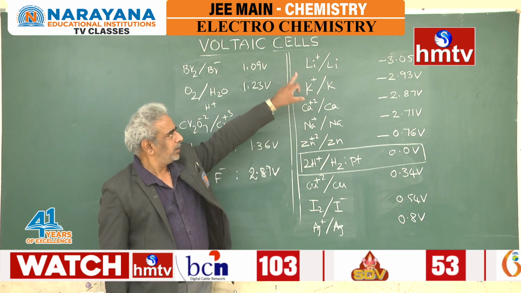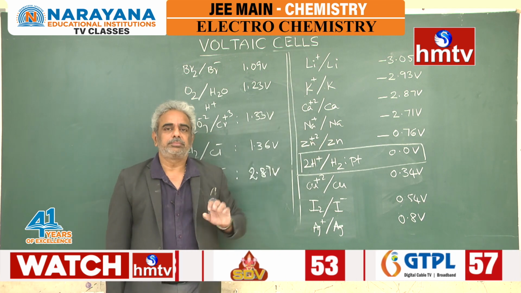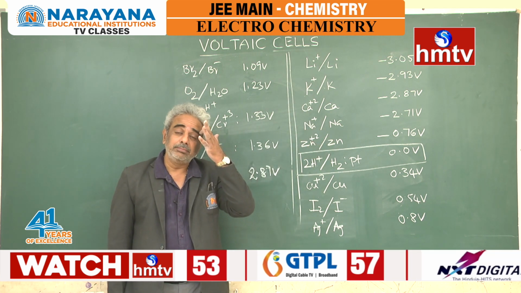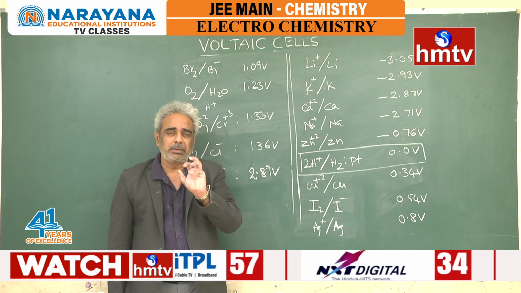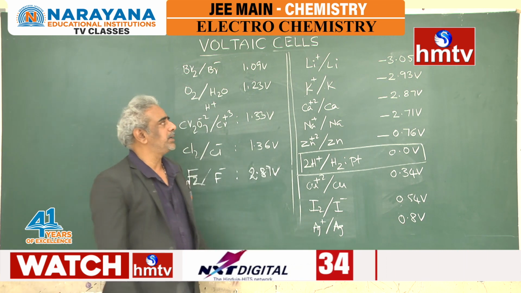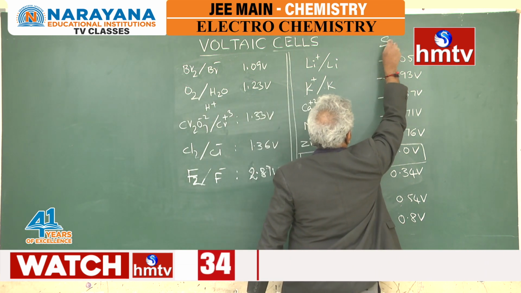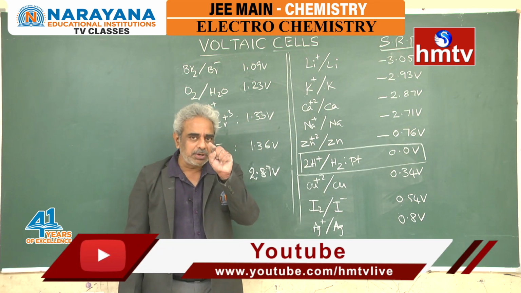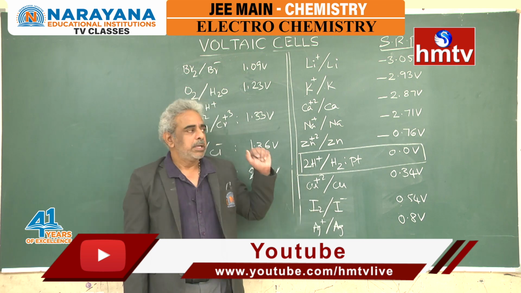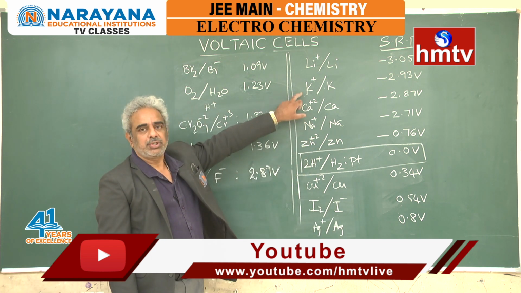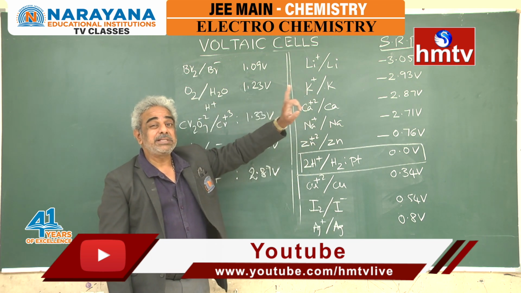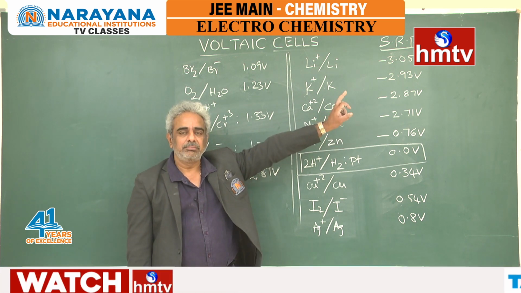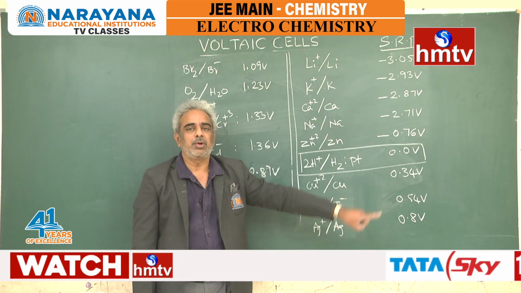If you take these electrodes whose potential is negative, I always tell you one thing: these are all standard reduction potentials, meaning their tendency to undergo reduction with reference to hydrogen. So, these electrodes have a less negative tendency to undergo reduction than the hydrogen electrode.